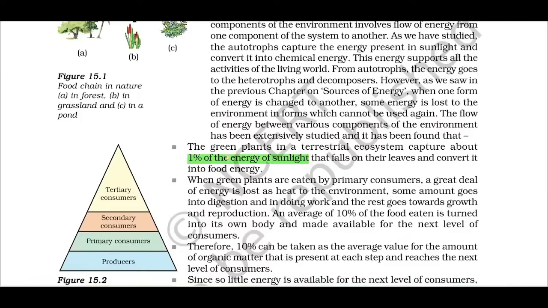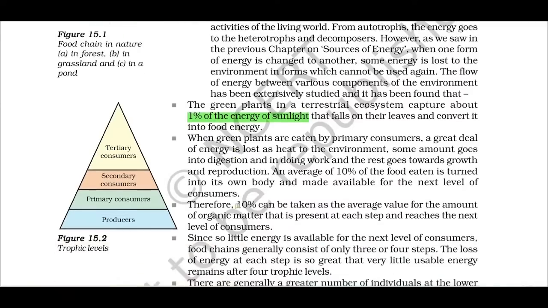What is the percentage of energy of sunlight captured by the producers? 1%. Of the 1% of energy captured by the first level, the producers, 10% is transferred to the next level. That is, 10% of 1% is transferred to the next trophic level.